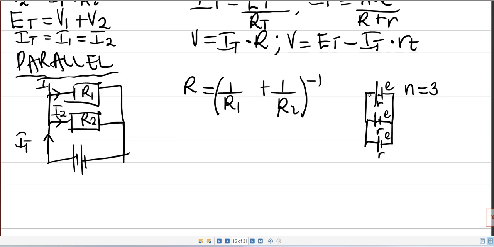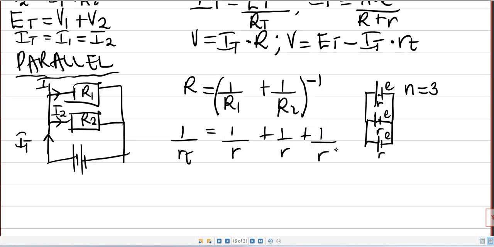Remember, each internal resistance is the same, each EMF is the same. If I were to use the same formula as earlier, it would be 1 over r total equals 1 over r plus 1 over r plus 1 over r.